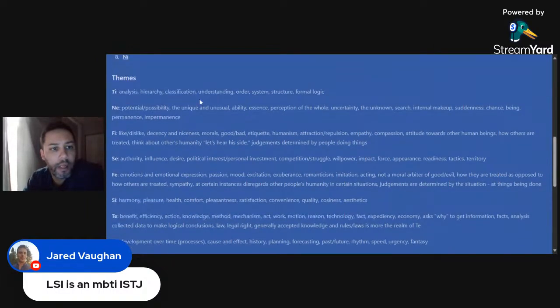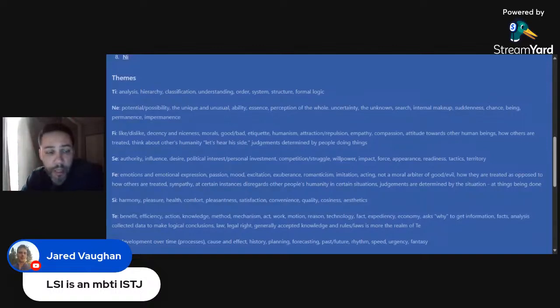Again, analysis, hierarchy, classification, understanding, order, system, structure, and formal logic. If we're in military land, structure, systems, order, things being classified as this or that, and hierarchies, huge.